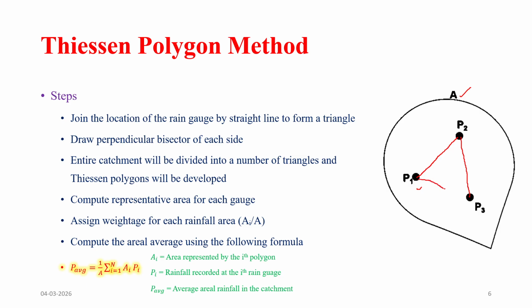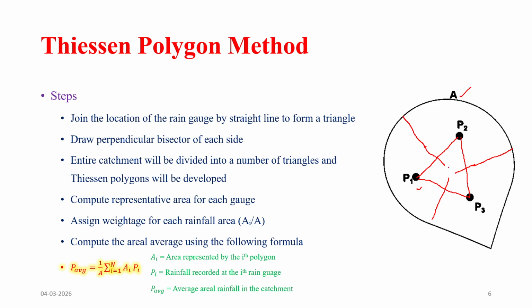Now, draw the perpendicular bisector of each side and extend this bisector to the boundary of the catchment. Here also, extend this bisector to the boundary of the catchment.